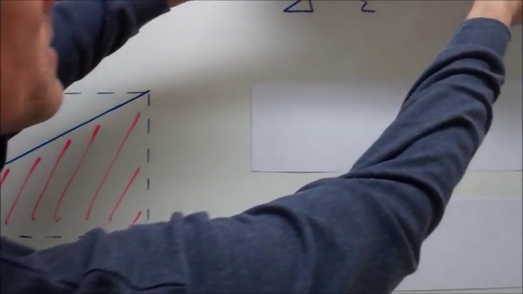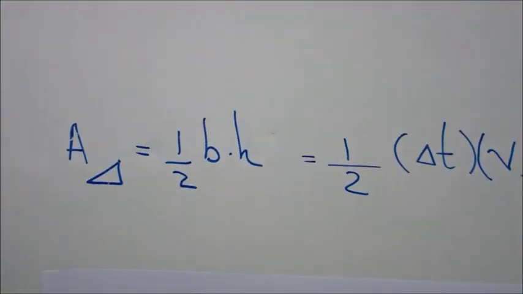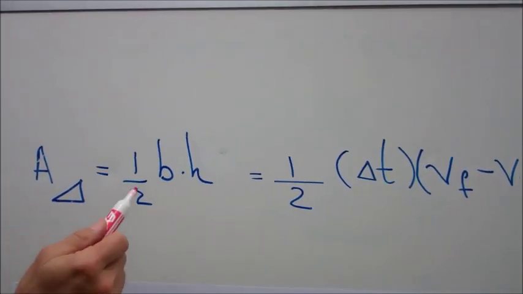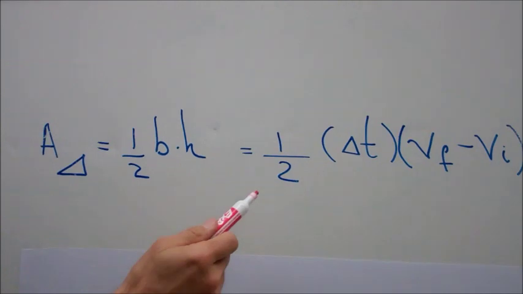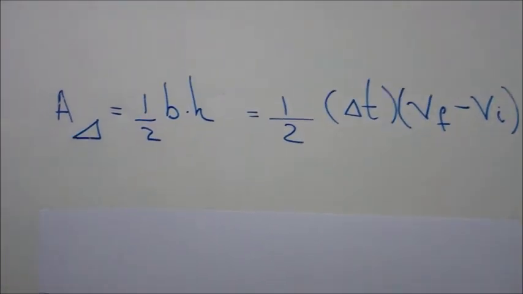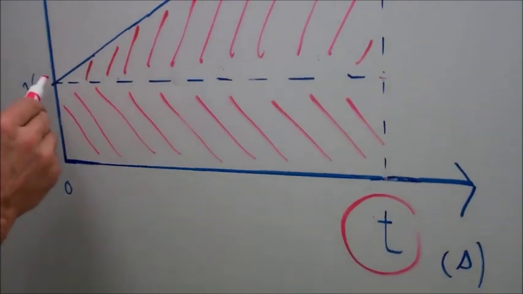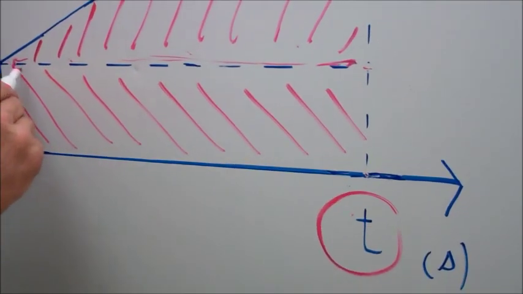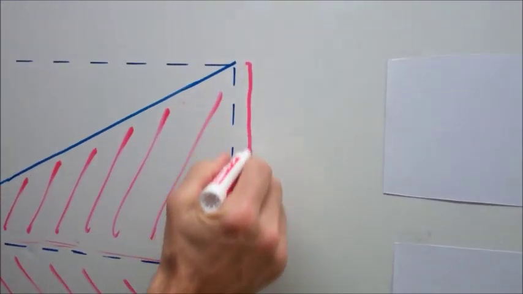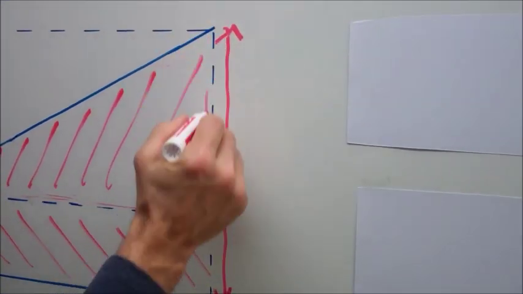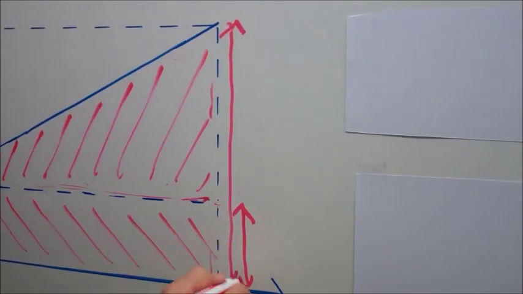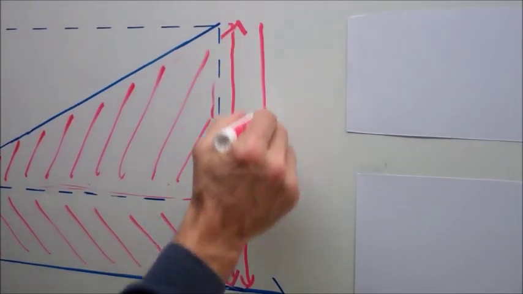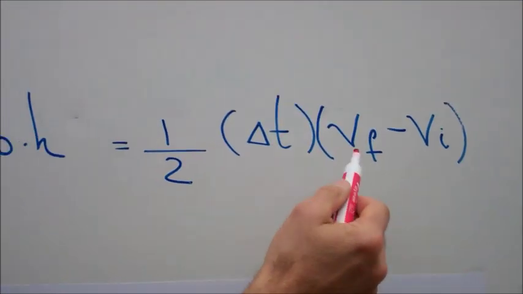As we move, we can see that the area is, for a triangle, 1/2 times the base times the height, and therefore we have 1/2 times the base, which, coming back here, is delta t, times the height being vf, which is all of this, minus vi, which is from 0 to here. So therefore the height is this portion. So we have the following formula: 1/2 times delta t times vf minus vi.